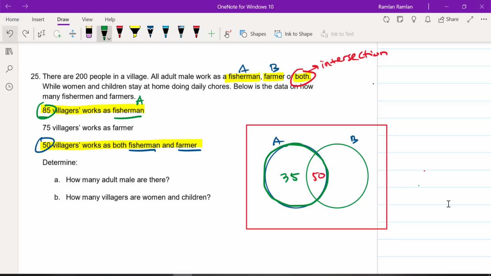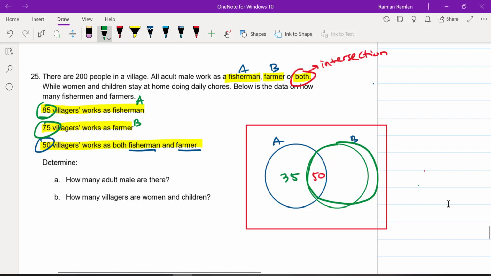Okay, the next one is the next information that we have, which is this one: 75 villagers work as a farmer. Farmers represent set B, right? So that 75 should be over here.